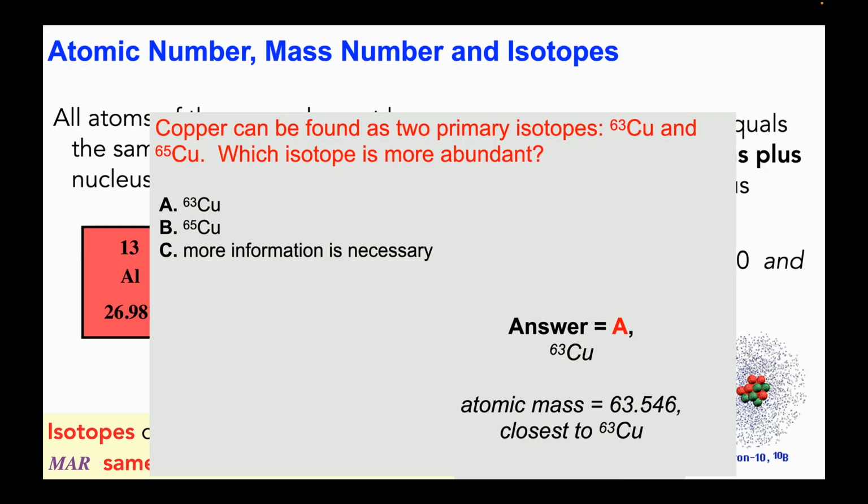So for all of those reasons, copper-63 is more abundant. Copper-63 is roughly 70% abundant, and copper-65 is about 30% abundant. And those are not things you need to know, but that's why the average mass, which is the atomic mass or molar mass, is closer to copper-63 than it is to copper-65.